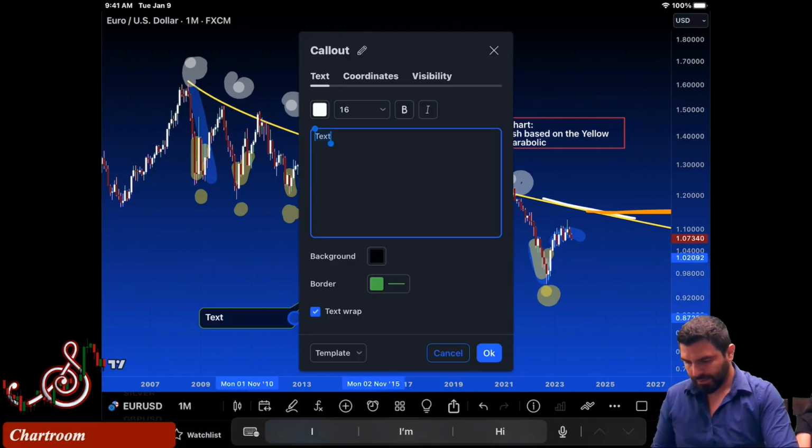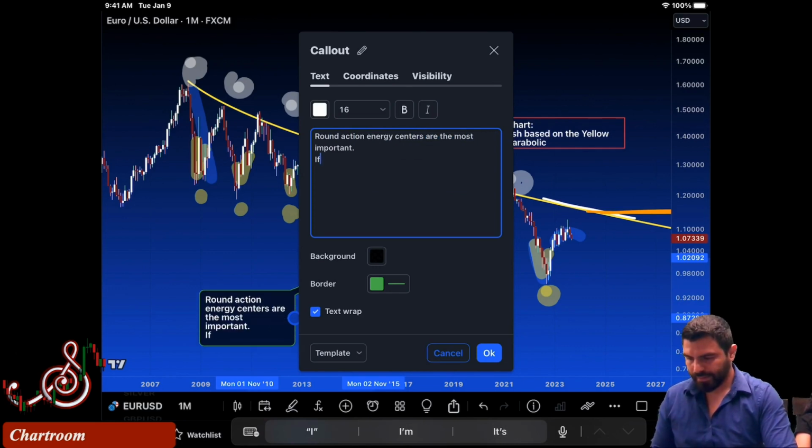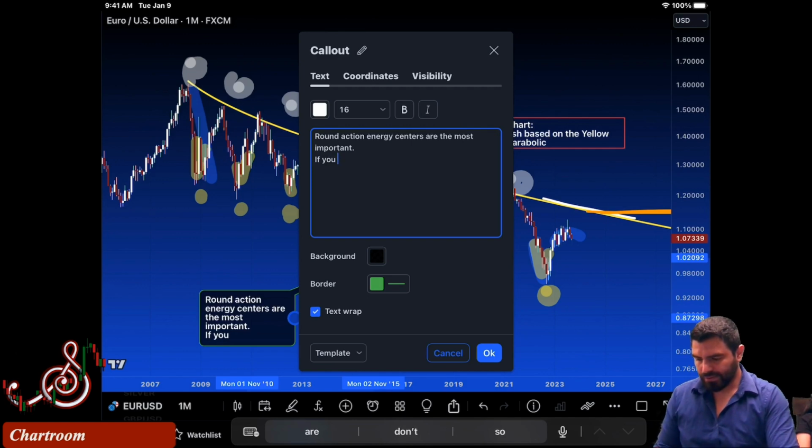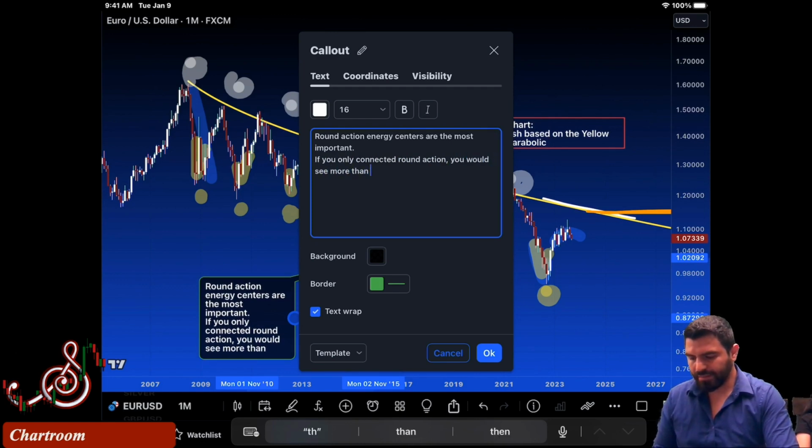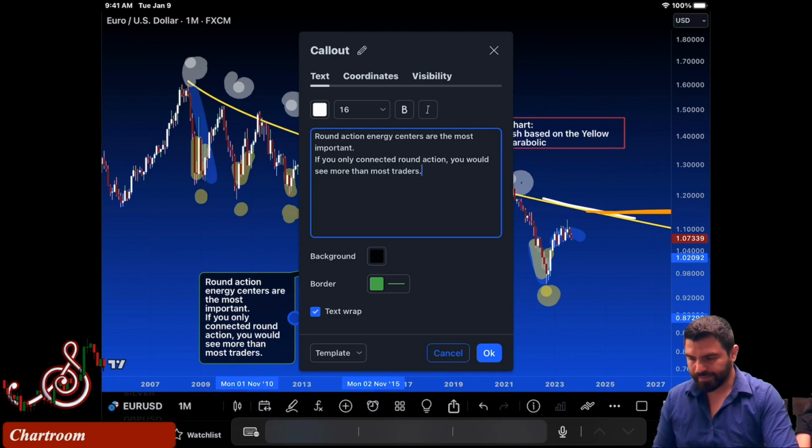Call out: round action energy centers are the most important. If you only connected round action, you would see more than most traders.